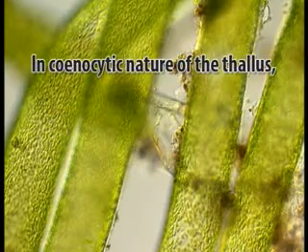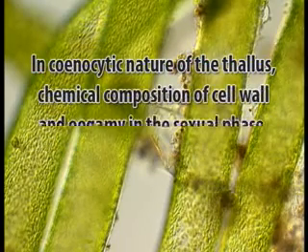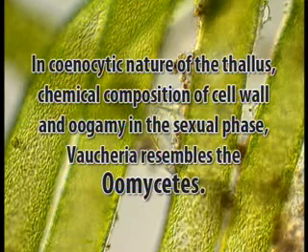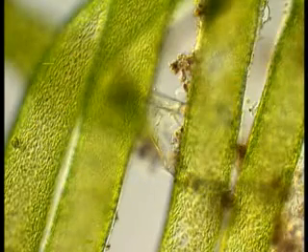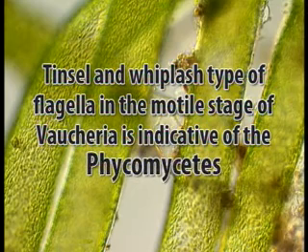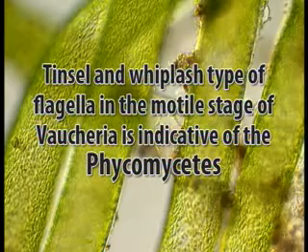Now, in the coenocytic nature of the thallus, chemical composition of the cell wall, and oogamy in the sexual phase, Vaucheria exhibits a striking resemblance with the oomycetes. The discovery of tinsel and whiplash type of flagella in the motile stage of Vaucheria is indicative of the oomycetes having been derived from Vaucheria-like ancestors.